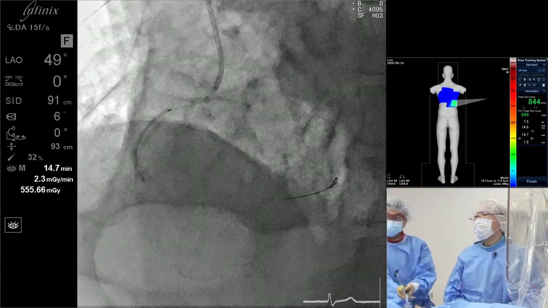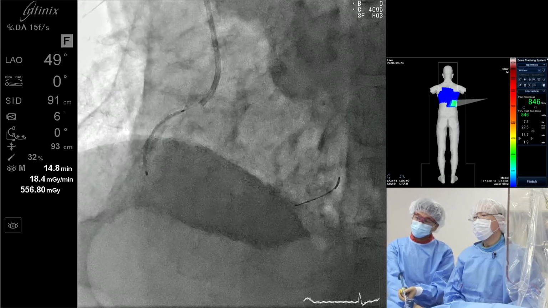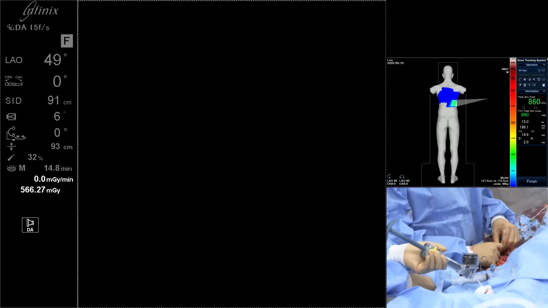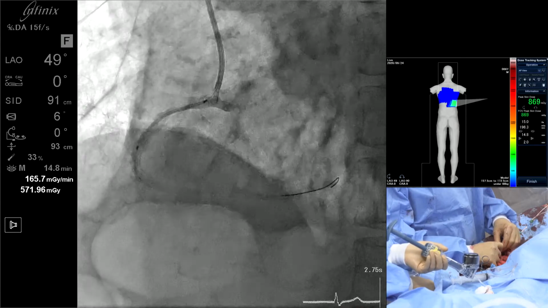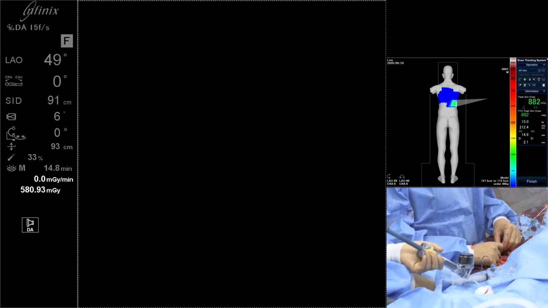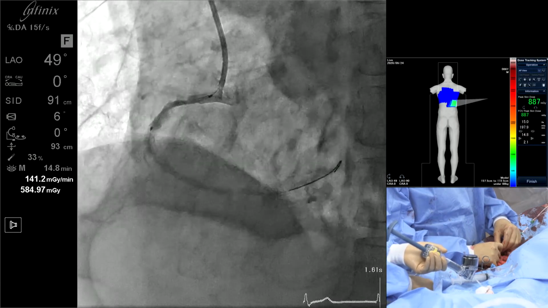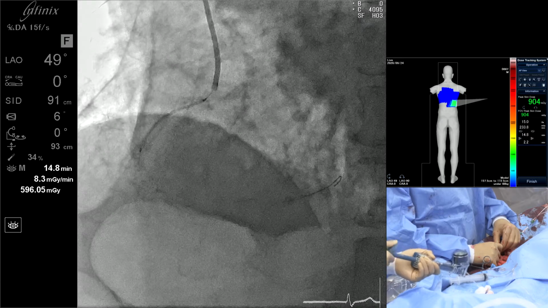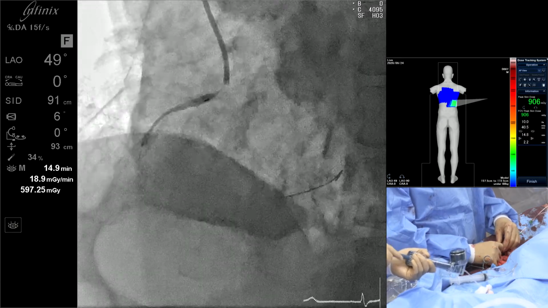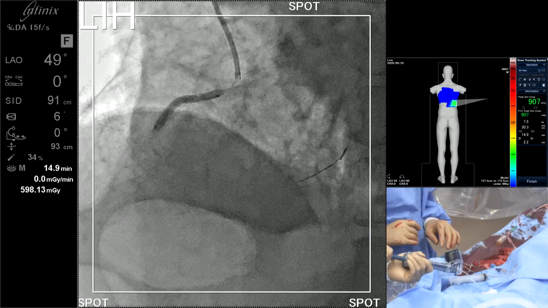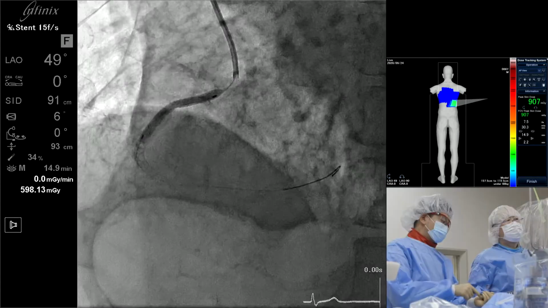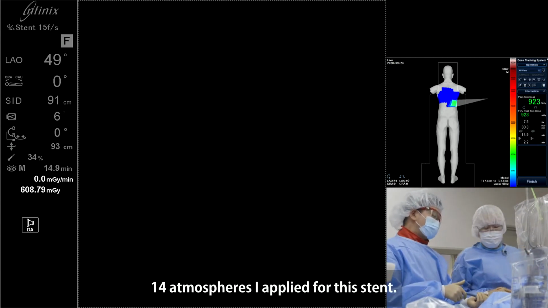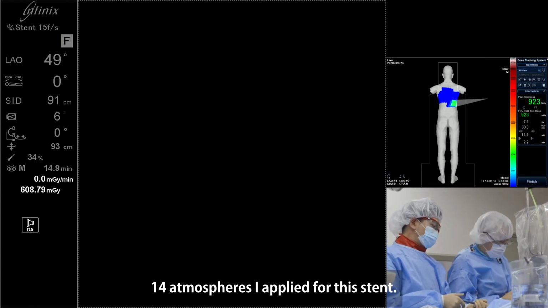Dilate this stent. 14 atmospheres here I applied for this stent.